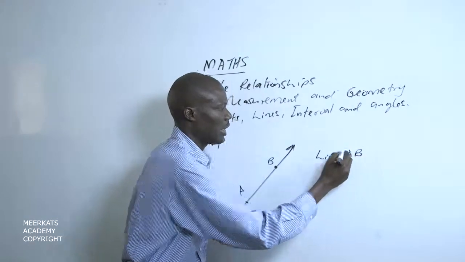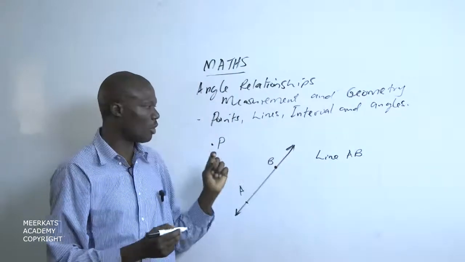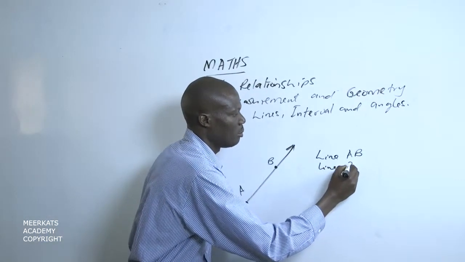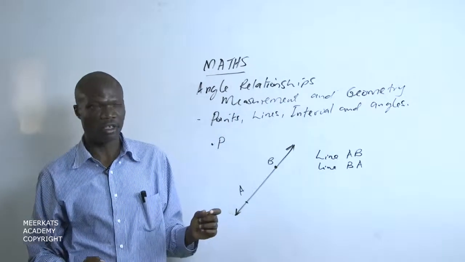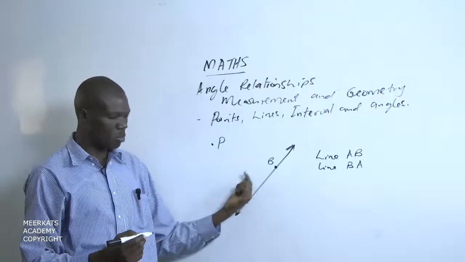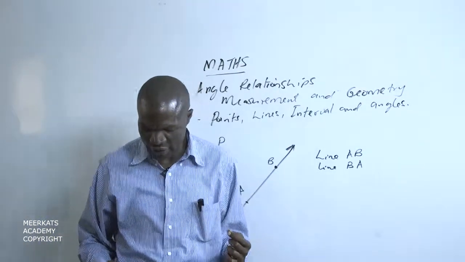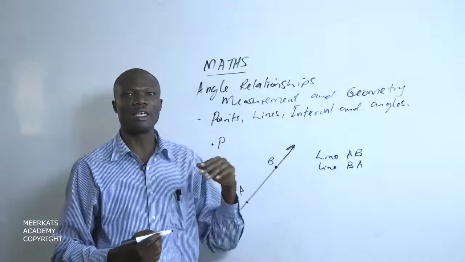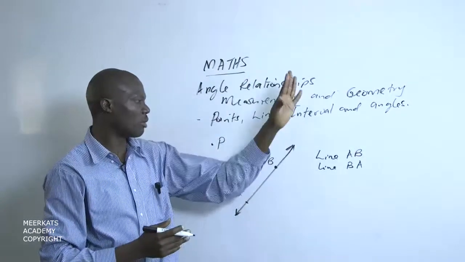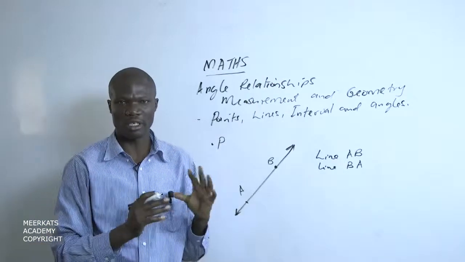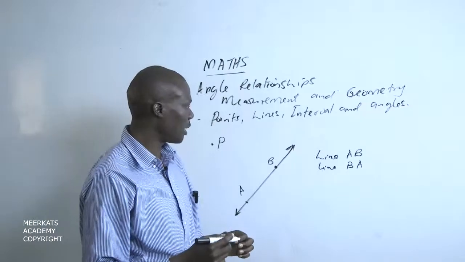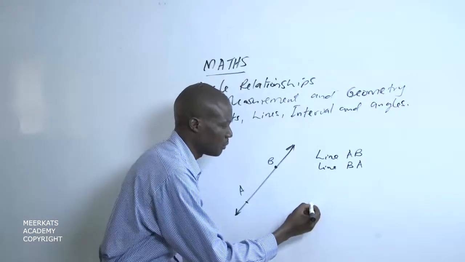So we call it line AB, or we shall call it line BA. You realize that this line extends indefinitely in either direction. It can extend through B onwards or through A onwards. It extends indefinitely.